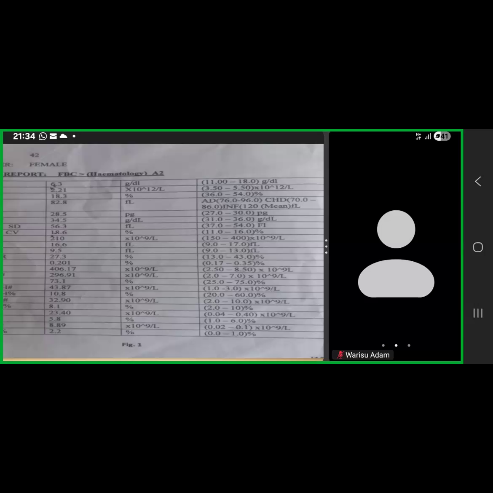But rather go and outsource this. And I made an example that even for us in Korle Bu, we were not doing some of these things. The next thing we do is to do a smear, a thin film, peripheral blood smear, followed by a bone marrow.